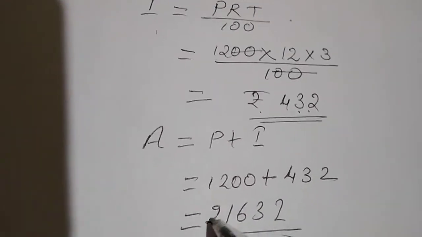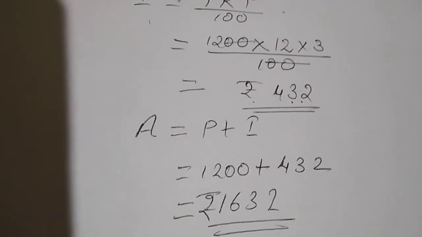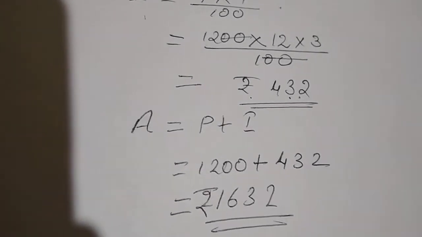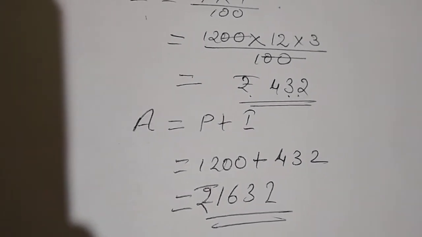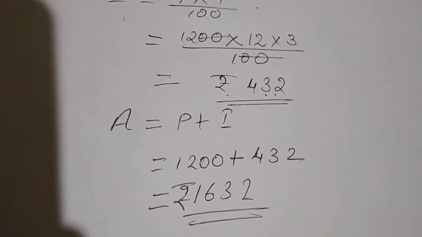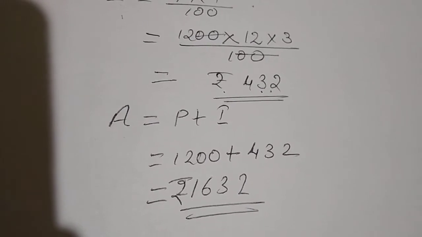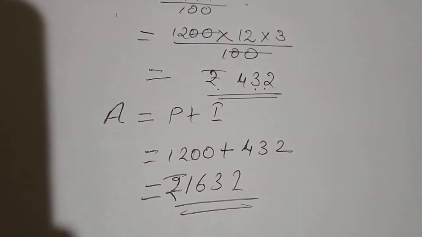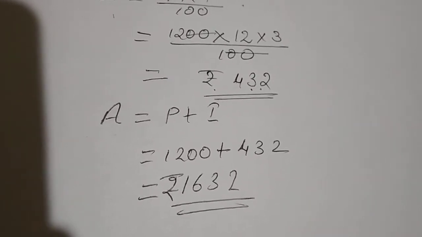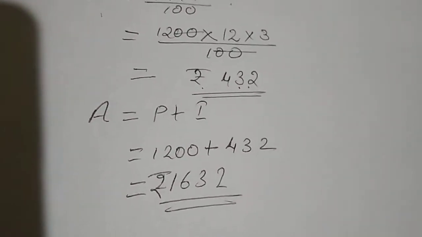So total amount is equal to rupees 1632. That is, after 3 years, the amount to be paid, how much rupees? That is rupees 1632. Clear?